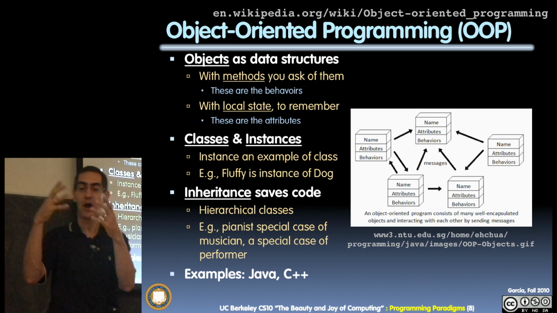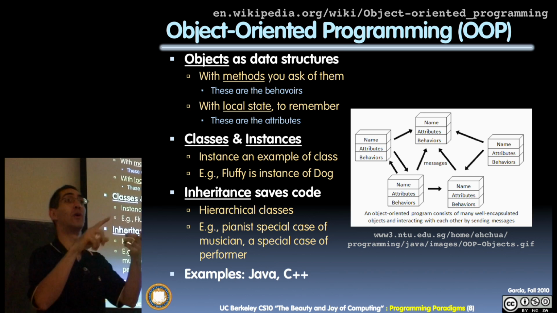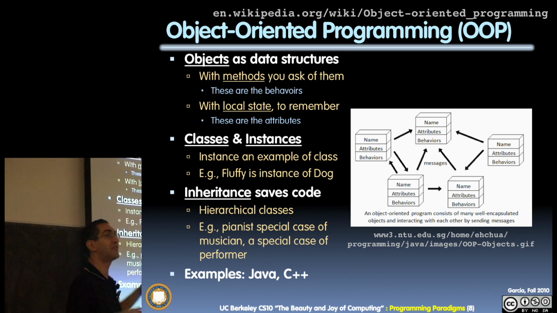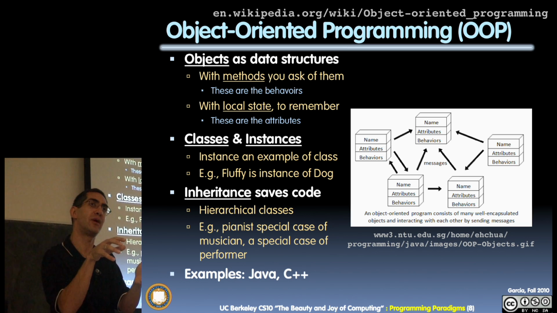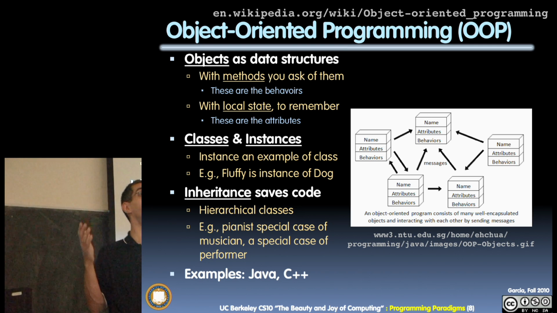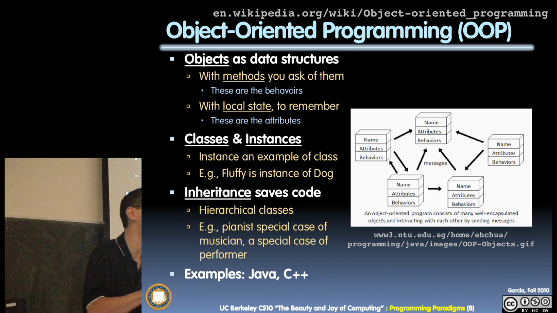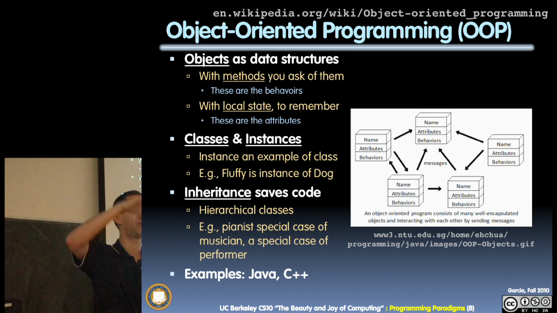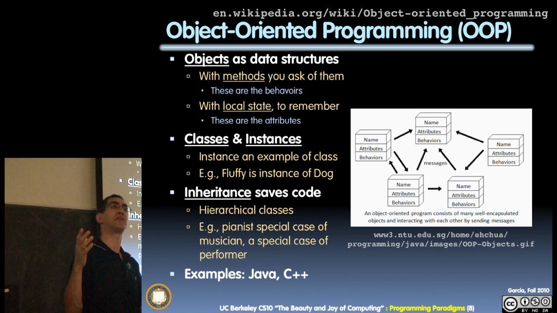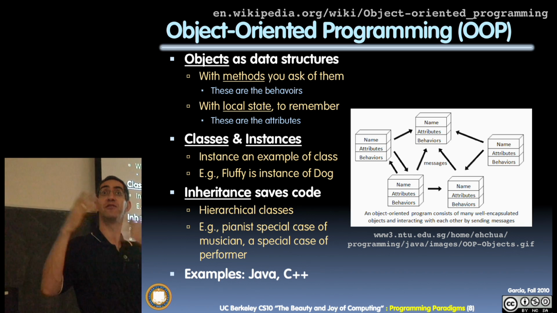So if you already had a musician with certain properties, like what school they studied at, what instrument they play, then a pianist is really just a special case of that, right? And then a musician is a special case of a performer. A performer might have an entourage, it might have a very great income, and the island they particularly bought because they're a performer. A performer might be a special case of a person, and the person has some properties.